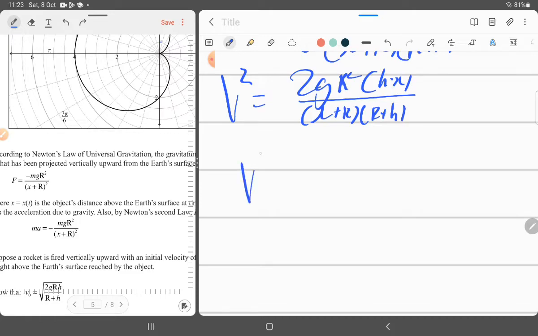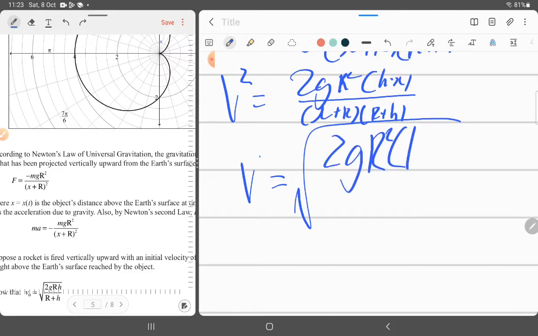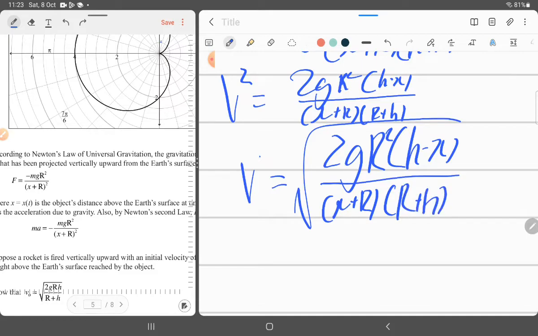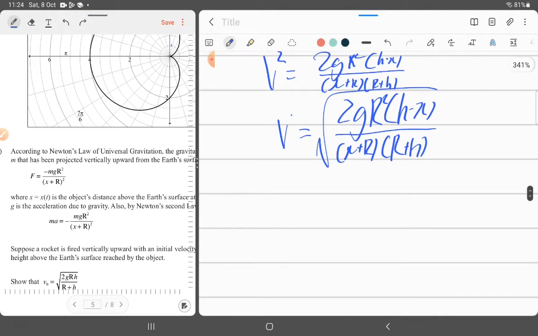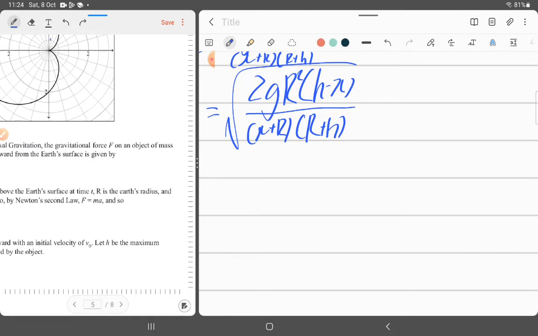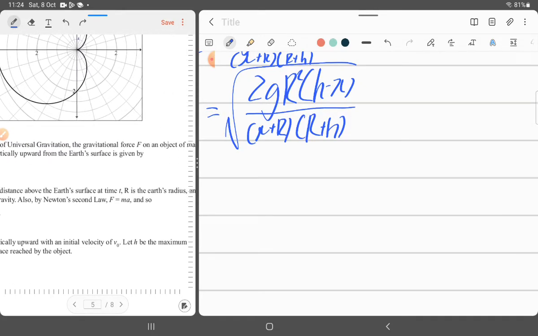So we take the square root. So wait, V0 is where x is 0.